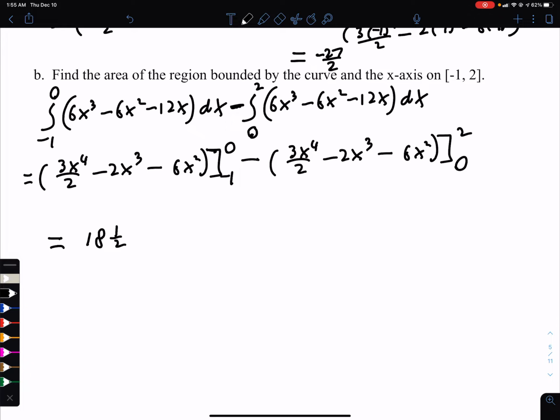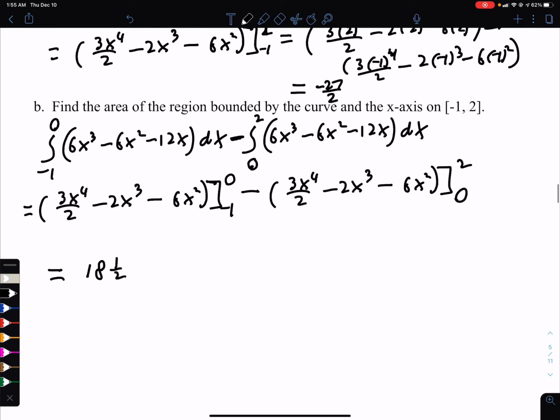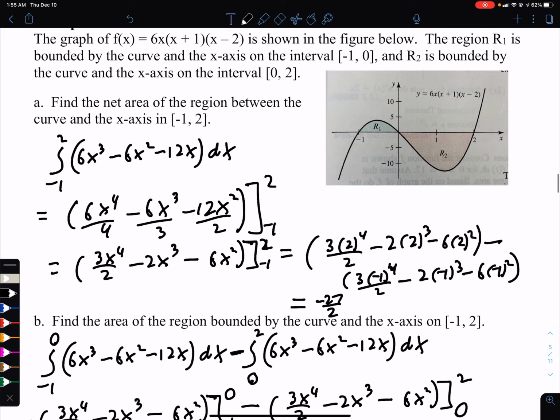That's what you're going to get. So that is going to be the area of the regions. So it's going to be this area plus that area.